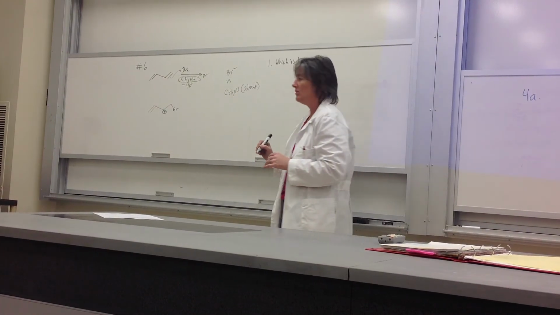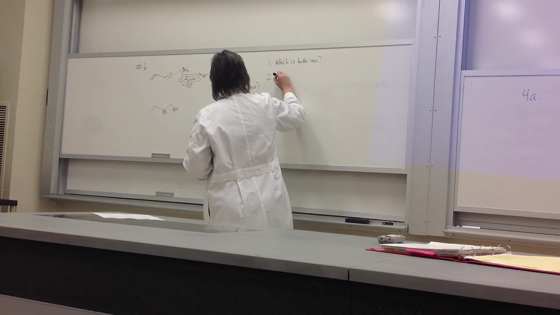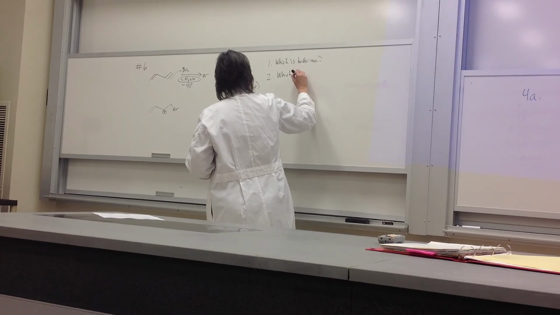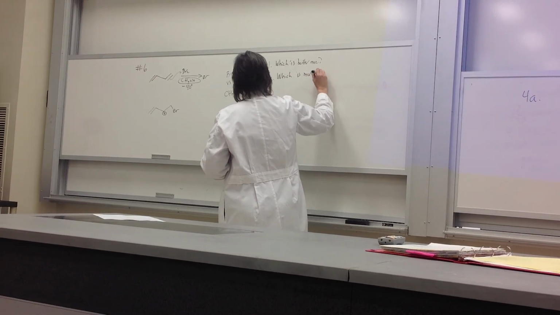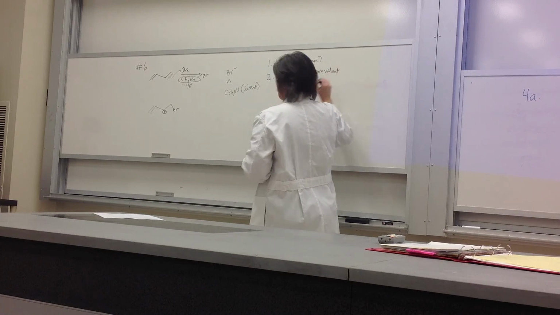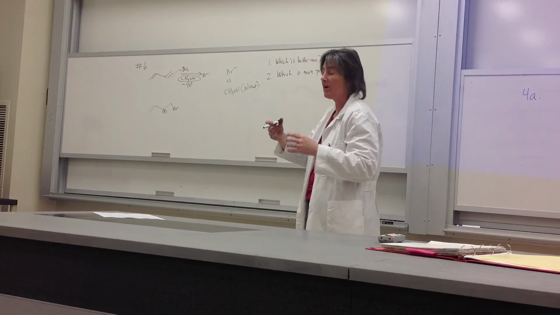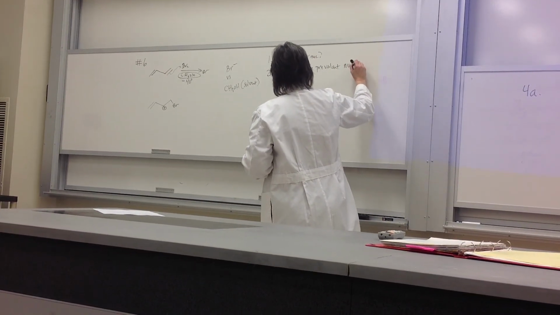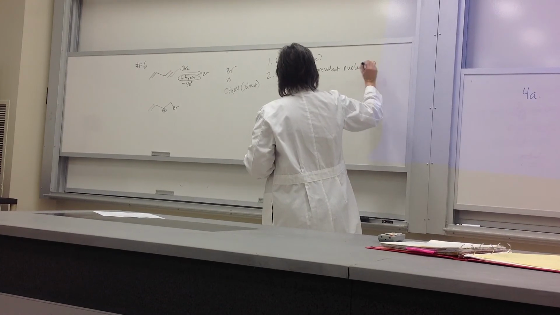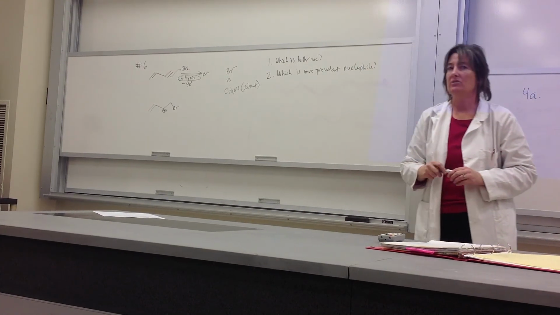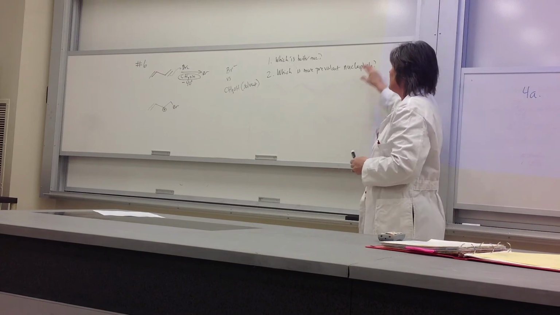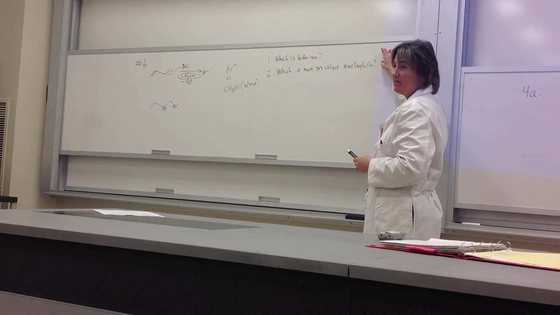Don't scream it out. And number 2, which is the more prevalent, meaning which is there physically more of, which is the more prevalent nucleophile? As you're trying to explain those ratios, keep these 2 questions in mind. Okay, they're key to explaining the ratios that you see.